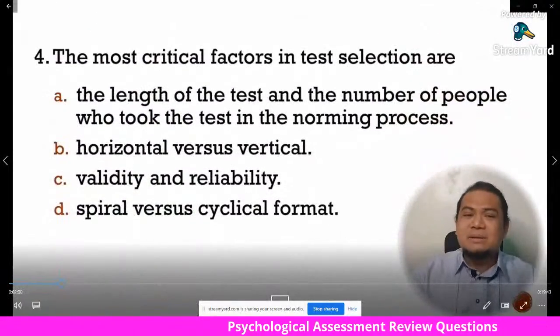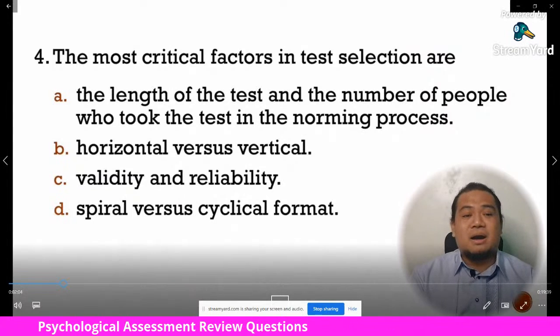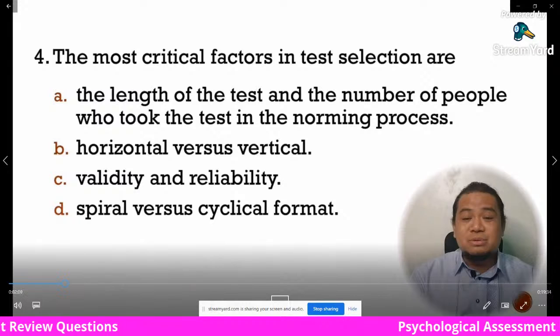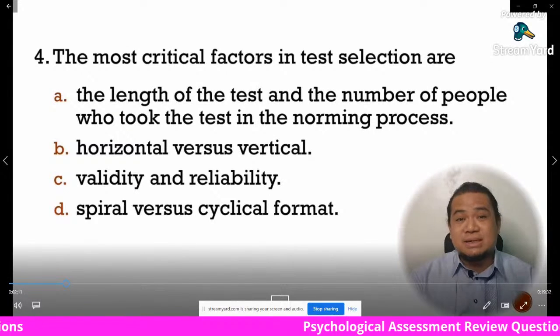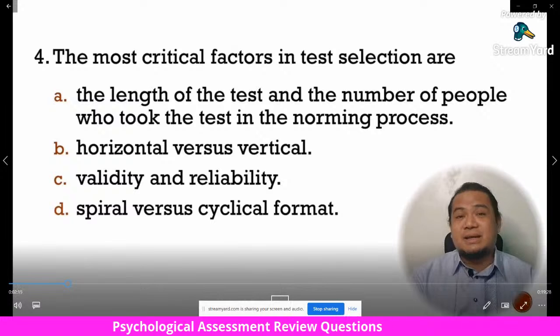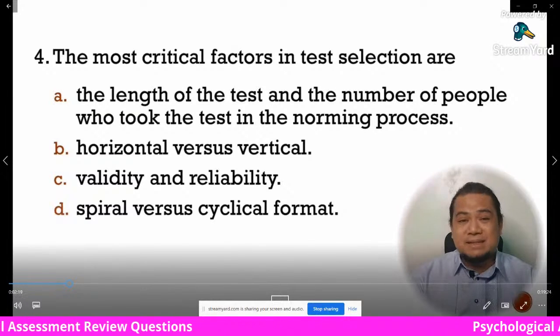Number 4, the most critical factors in test selection are A, the length of the test and the number of people who took the test in the norming process. B, horizontal versus vertical. C, validity and reliability.